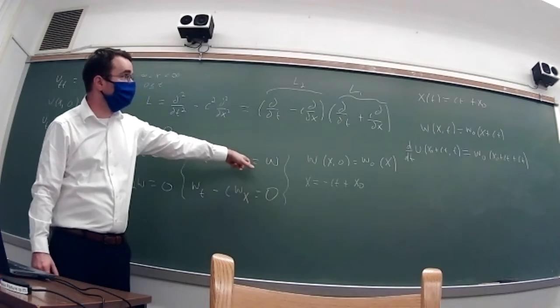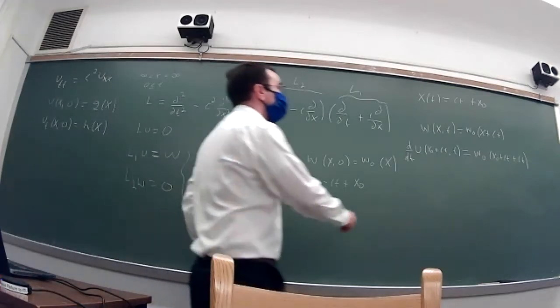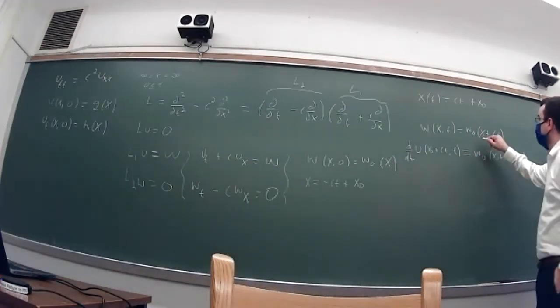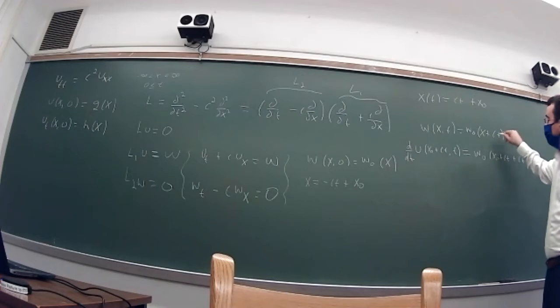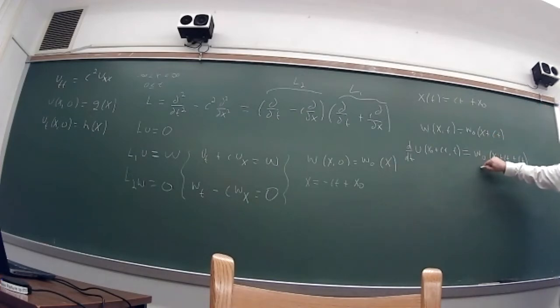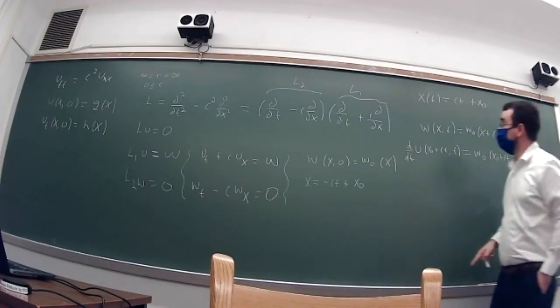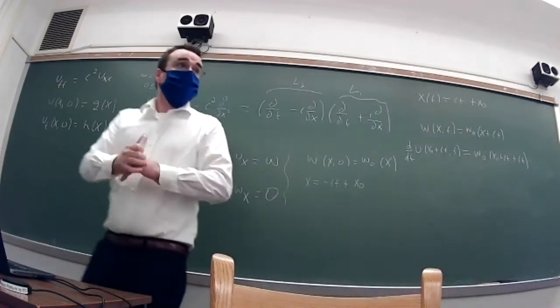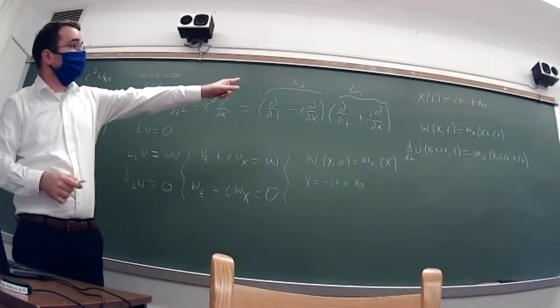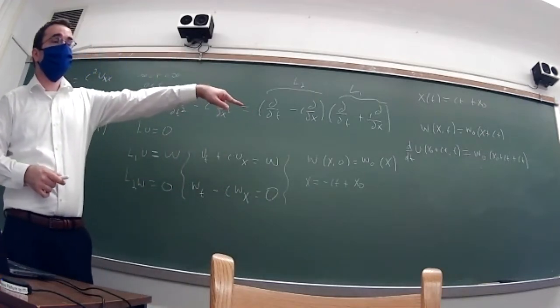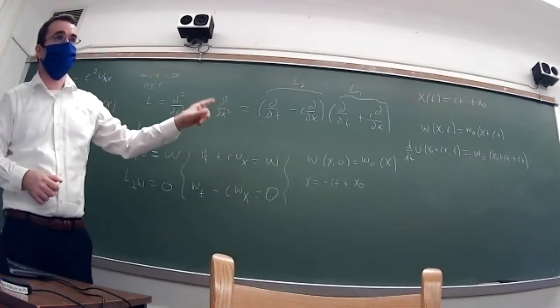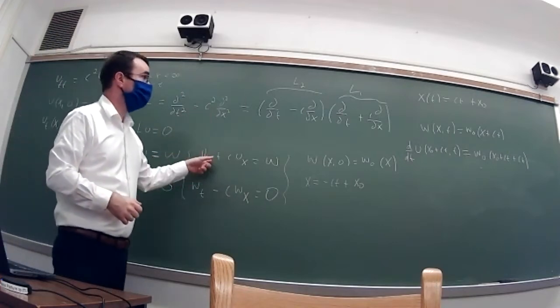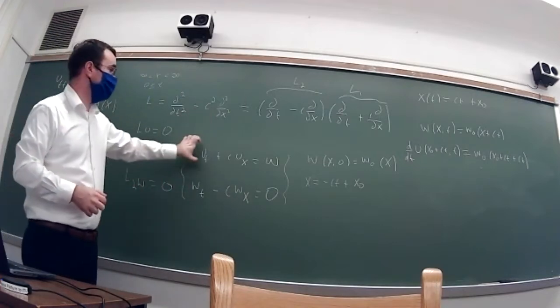We know that the solution to w is w naught of x plus ct. So I made a substitution. w naught of x plus ct. No, because that's the characteristic line and I've substituted it into the equation. Remember, there's a different characteristic equation for this different equation.